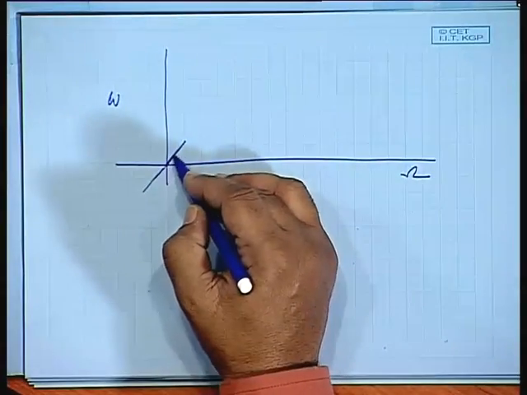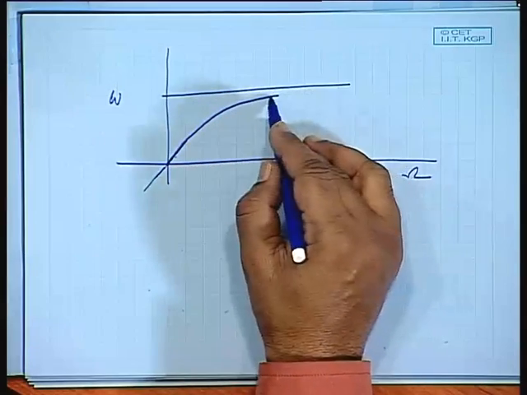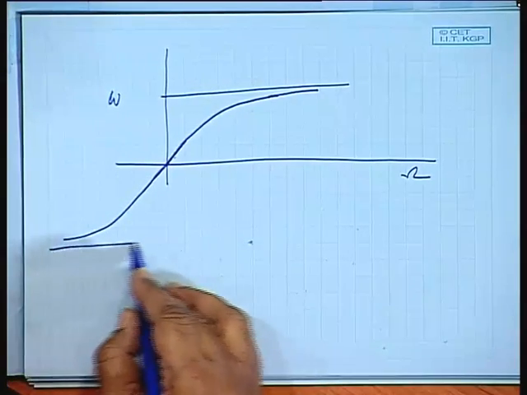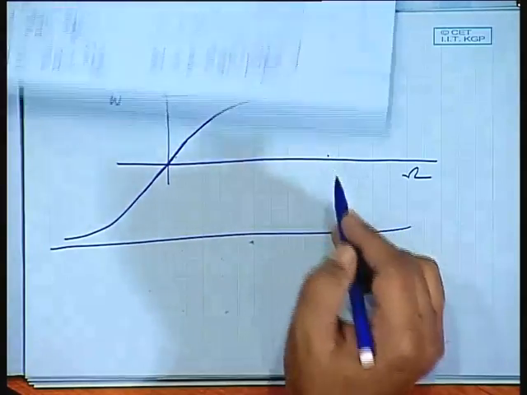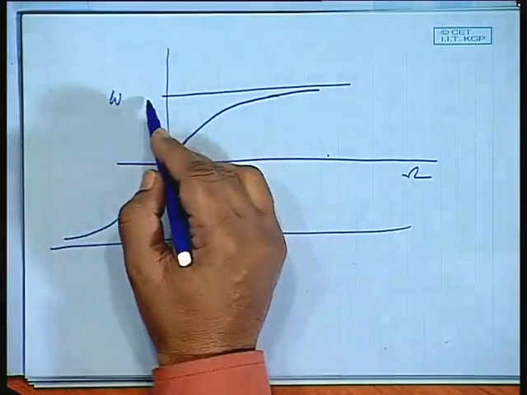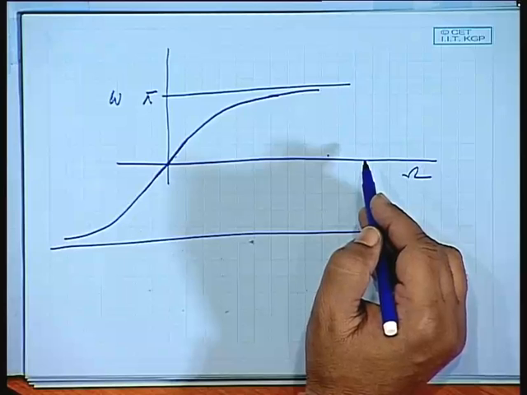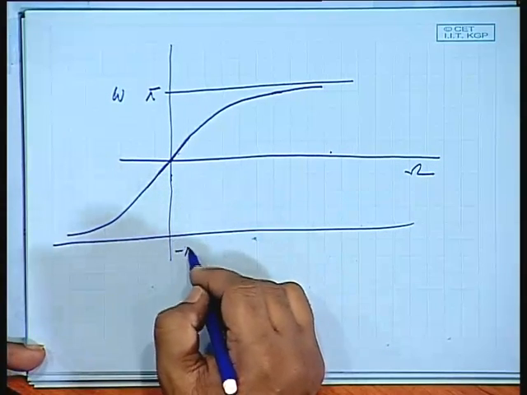So, after some time it will get saturated. Similarly, on this side, when omega tends to infinity, this tends to pi by 2 into 2. So, this will be pi. Similarly, on this side it will be minus pi.